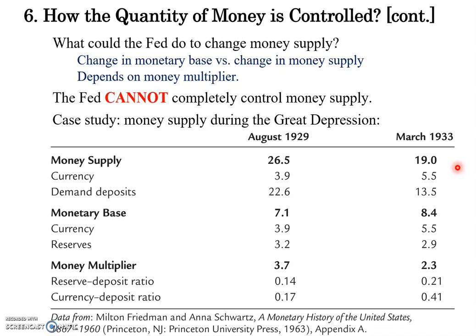Because when money supply decreases, that means the firms, especially the mid-sized or small businesses, would get hurt a lot. They probably have a hard time receiving loans and making investments.